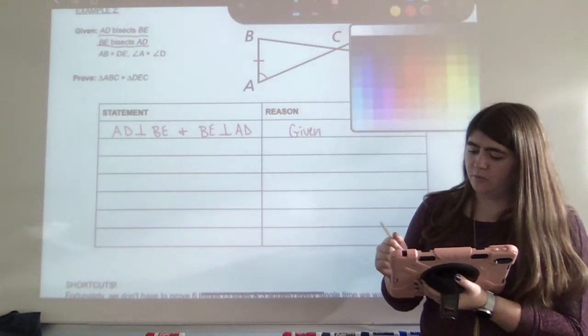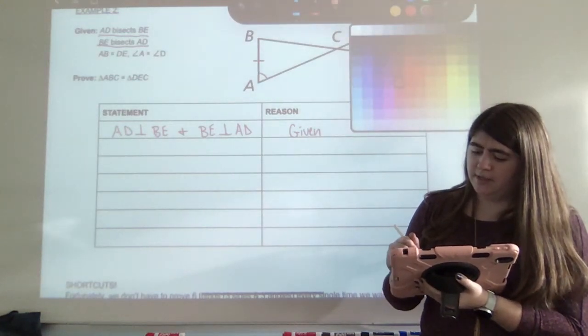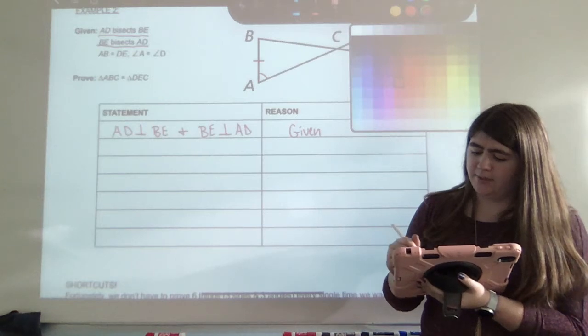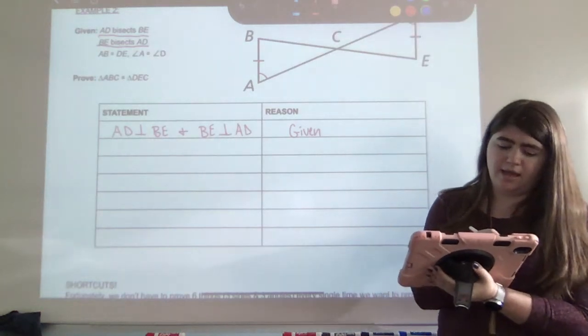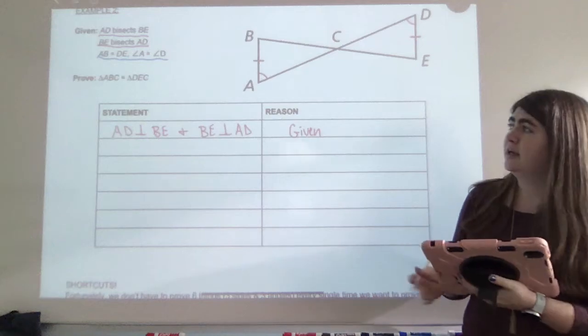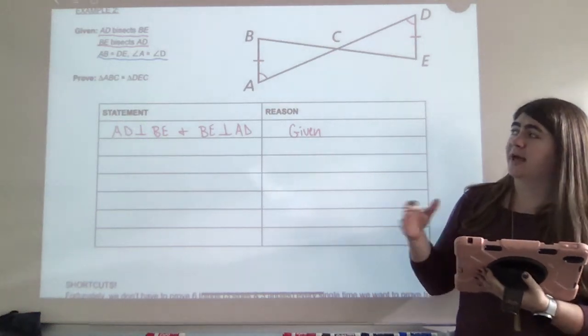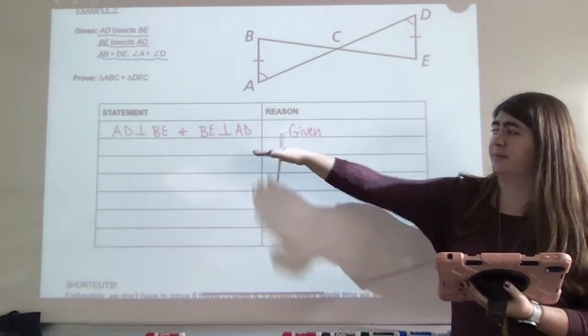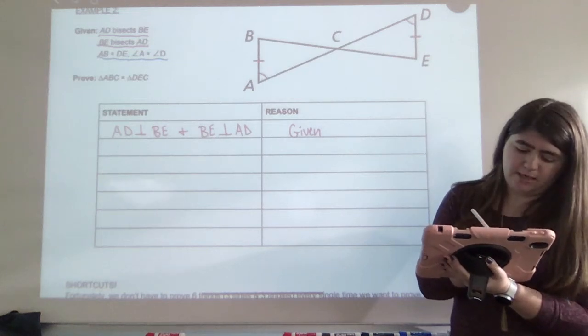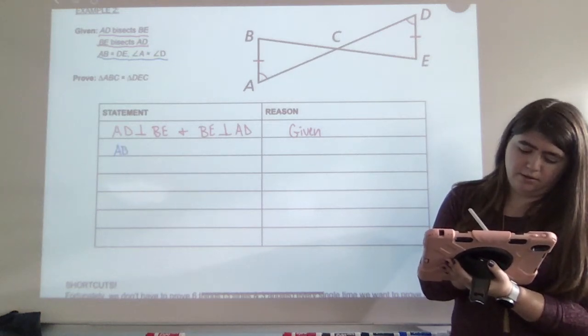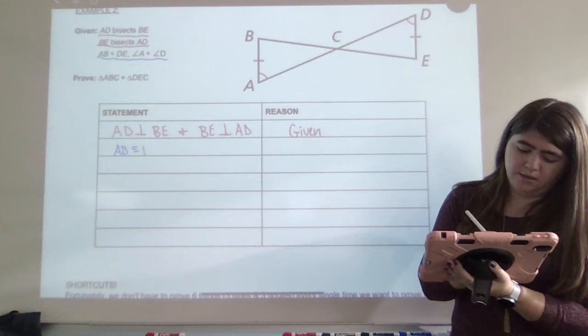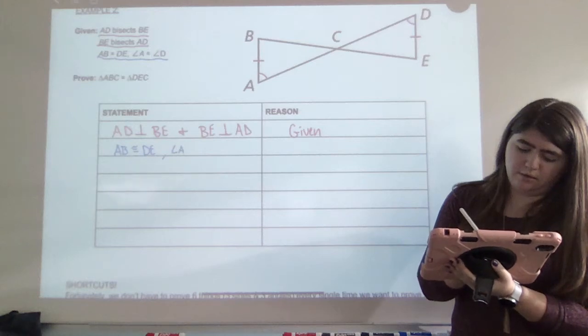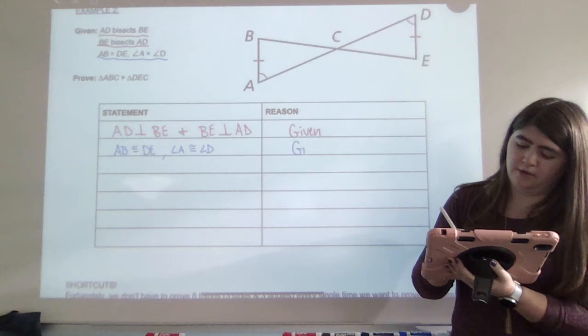Alright, next we're going to point out a couple other given pieces. So I have AB is congruent to DE, and angle A is congruent to angle D. So I'm going to put that in my second line. AB is congruent to DE, and angle A is congruent to angle D, and that is also given.